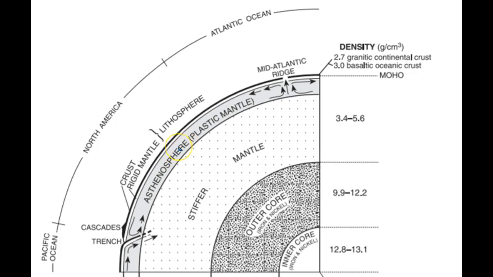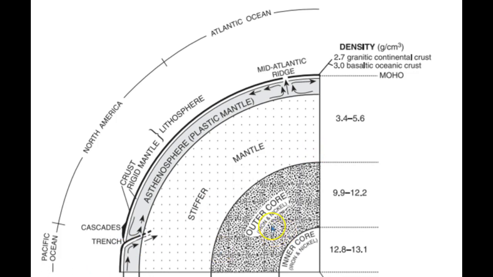Right below the asthenosphere, we have the stiffer mantle. Convection currents are not occurring in the stiffer mantle, hence why it's called the stiffer mantle. If you were to look at the densities from the plastic mantle to the end of the stiffer mantle, our densities are 3.4 to 5.6 grams per cubic centimeter.